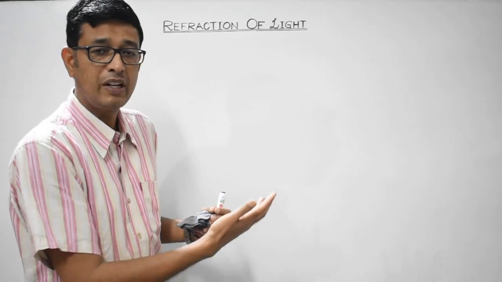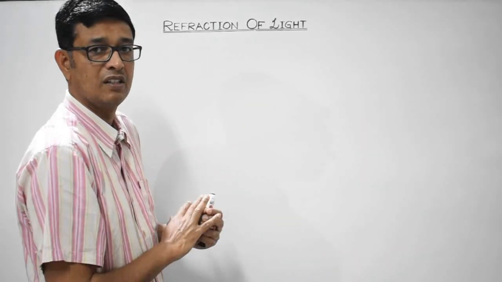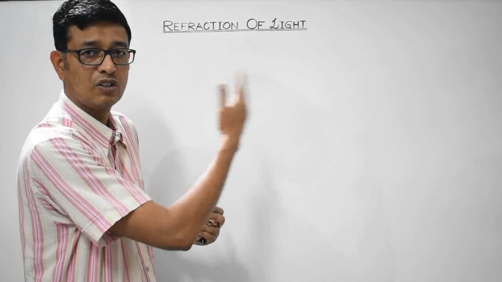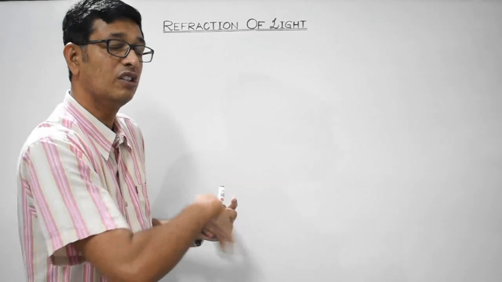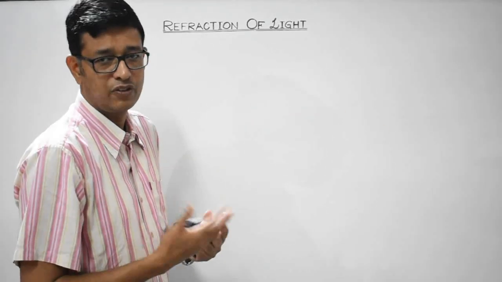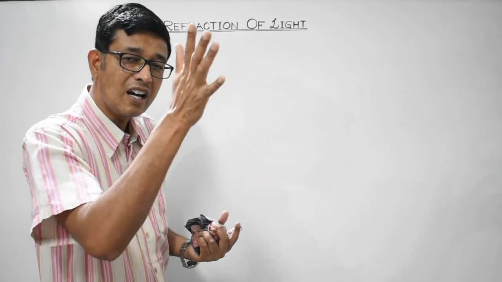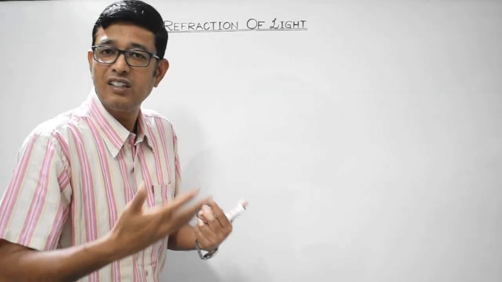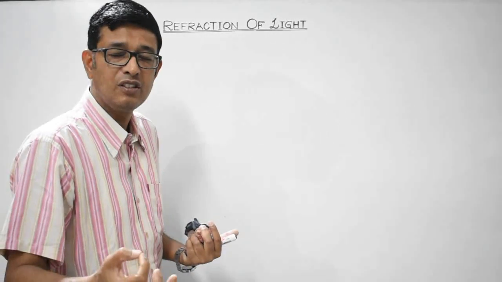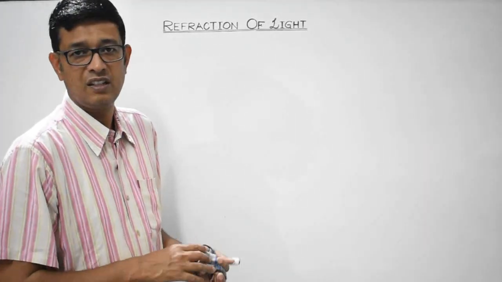And if the image is found on the same side as that of the object, suppose object and image both are on the left hand side of the lens or both are on the right hand side of the lens, then obviously the image which is formed on the same side as that of the object can't be obtained on the screen, and accordingly it will be imaginary or virtual image, right?